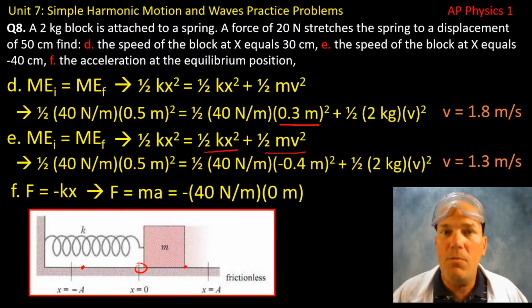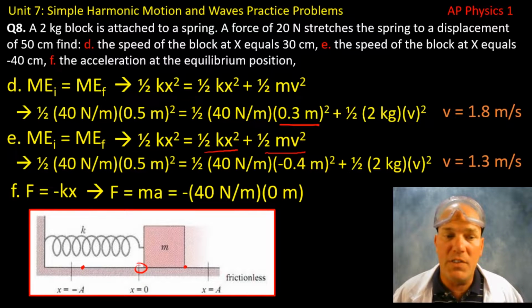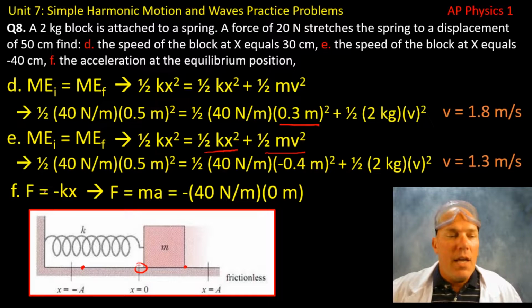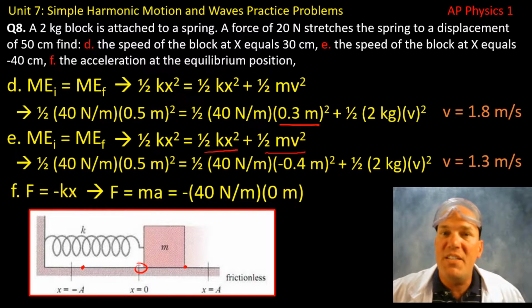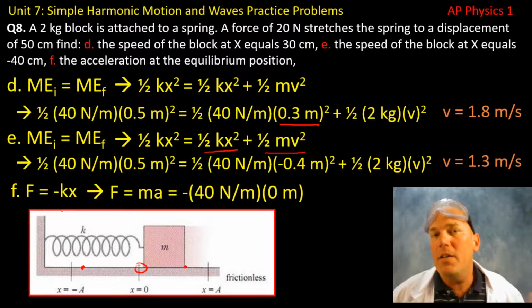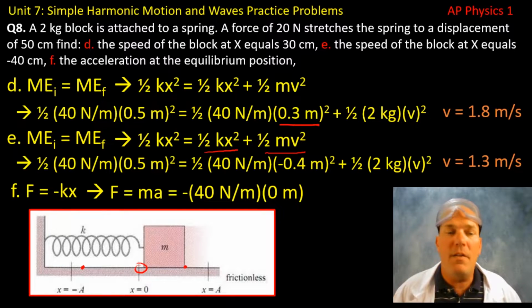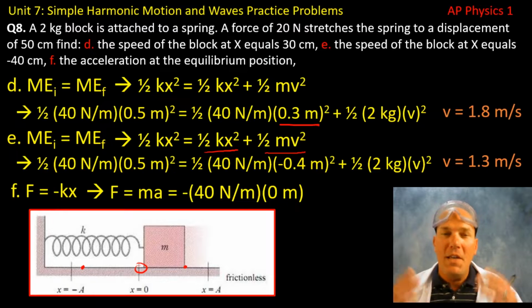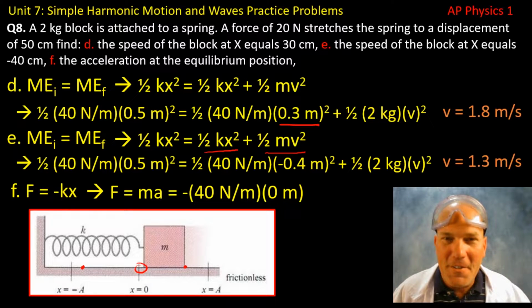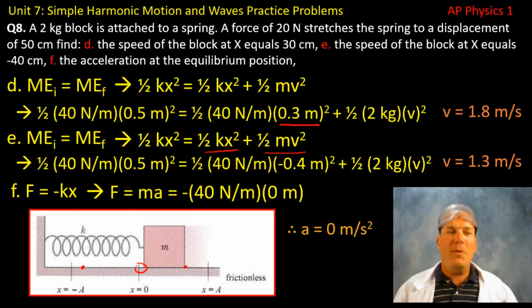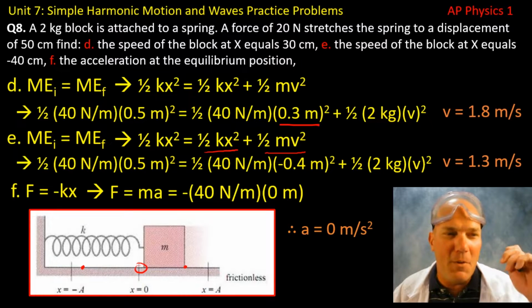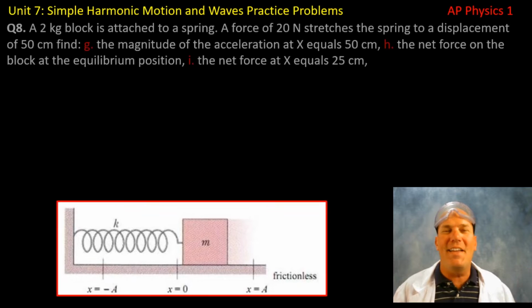The position at equilibrium is x equals 0, and we know force equals mass times acceleration, and force also equals the spring force constant multiplied by the position. The negative sign there is indicative of this being a restoring force. So this gives you an answer of 0 meters per second squared, and question 8 continues on.